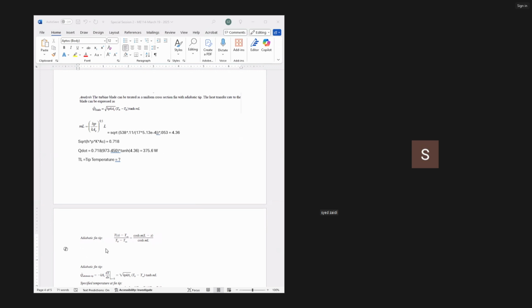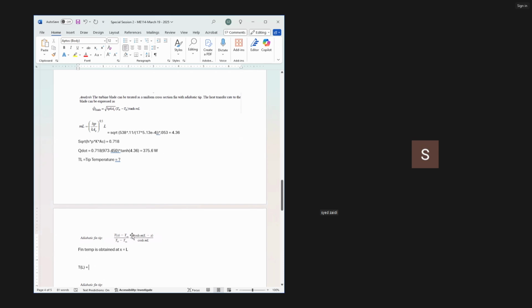I should note here that the fin tip temperature is obtained at x equal to L. If that is the case, then T at L will be equal to, look at this, L minus x, meaning L minus L is 0, cos 0 is 1.